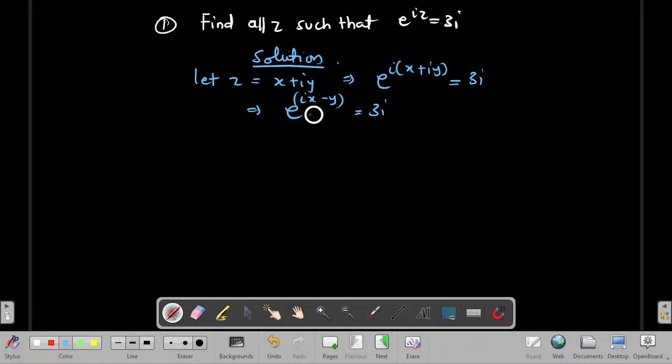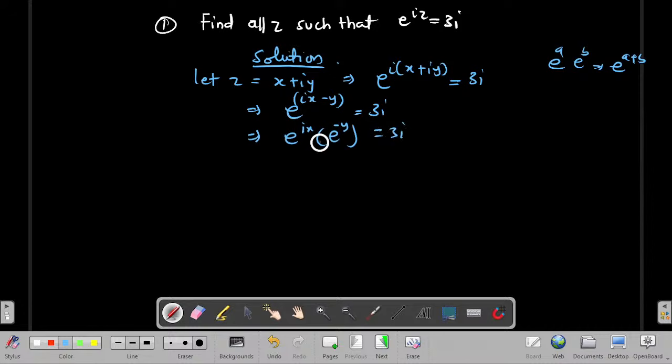At this point, let's apply indices here. You know that if you have any two bases which are the same and they have powers a and b, this can give us e to the power a plus b. So employing this same principle here, I'm going to have e to the power ix multiplying e to the power -y, and this should give us 3i, right?